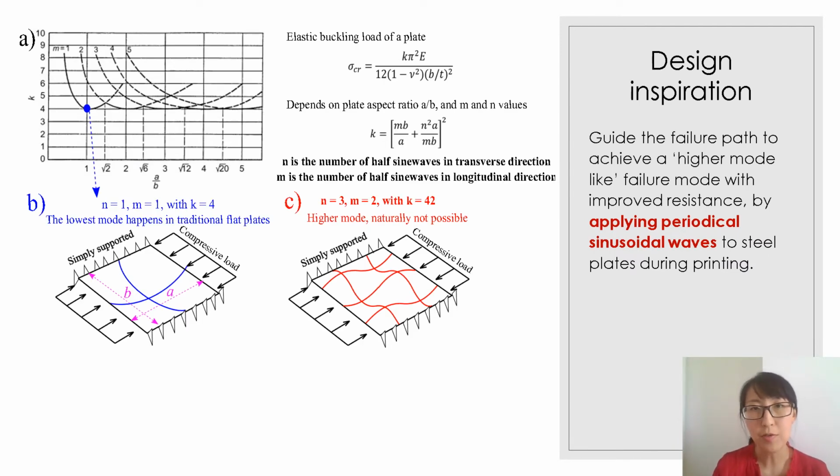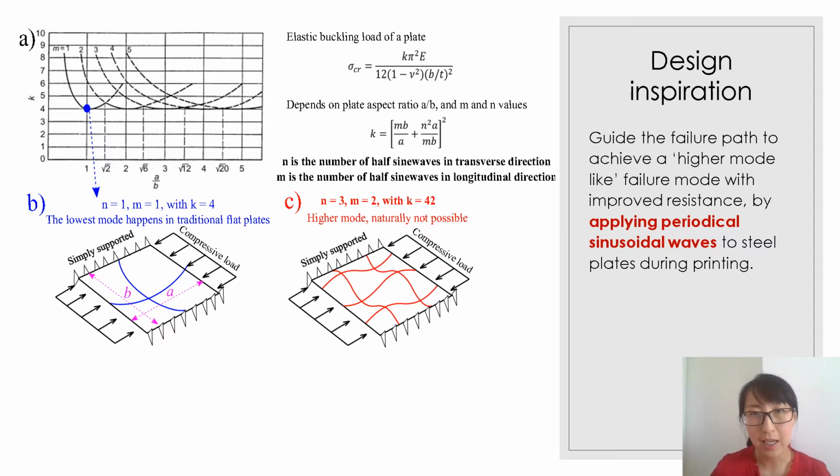Our design inspiration is shown in these slides here. For example, for a simply supported plate, the lowest buckling mode has one transverse half wavelength plus one longitudinal half sinusoidal wave, which corresponds to a buckling coefficient of 4. But an analytical solution for higher order modes shows significantly higher buckling resistance, with a coefficient of roughly 42.